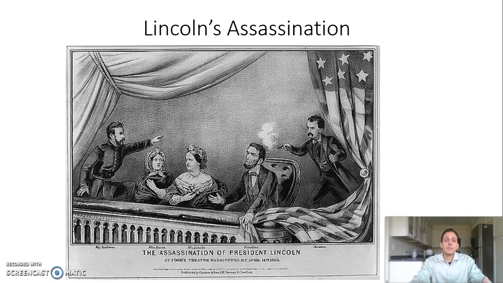It's not clear exactly what Lincoln would have done. Lincoln came up with this idea called the 10% plan, and Johnson bases a lot of his ideas off that plan. It's not clear if Lincoln would have adjusted that or how Reconstruction would have gone had Lincoln been in charge of it.